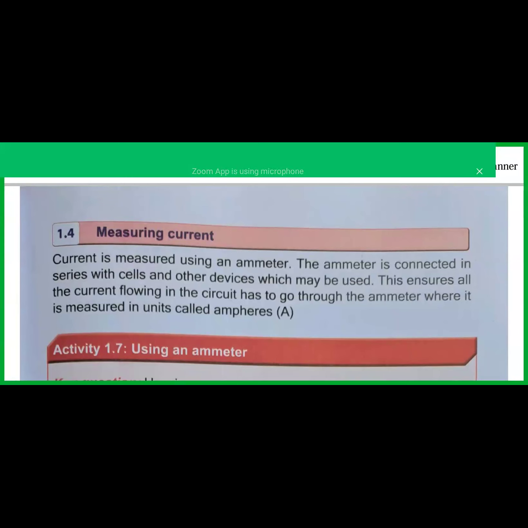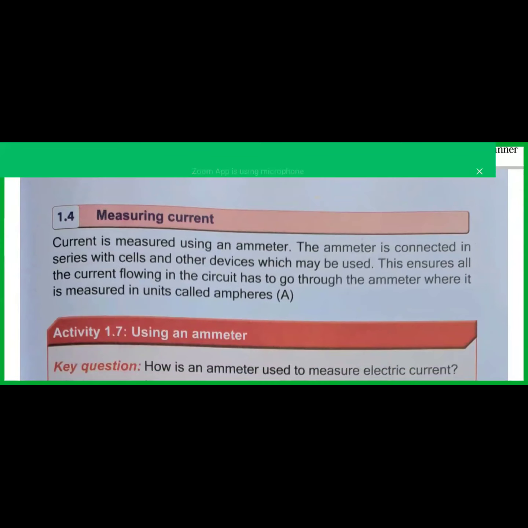Just an introduction so that people get the real picture of it. So current electricity, let me go to a whiteboard. If there is anything in the chat, kindly read for me.